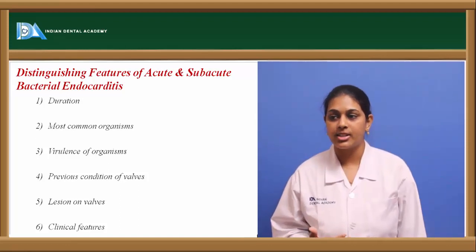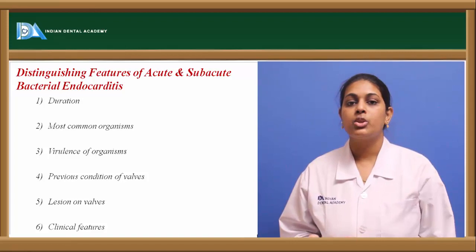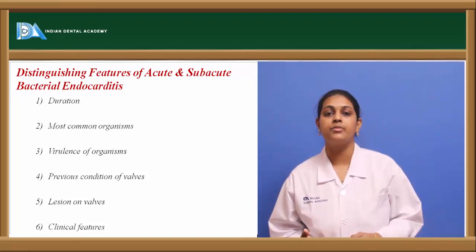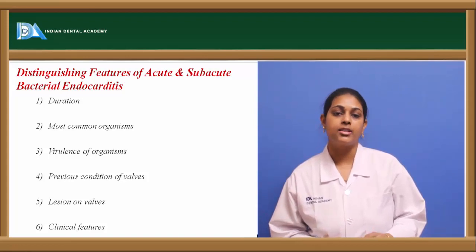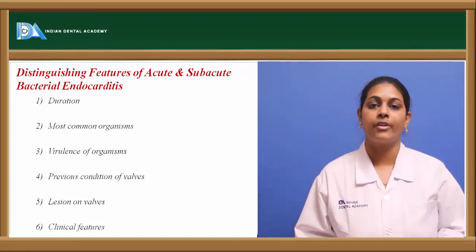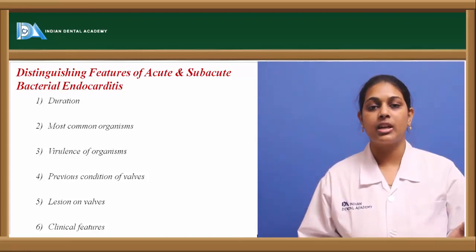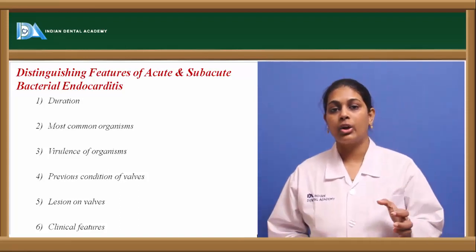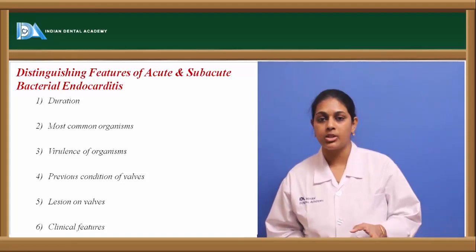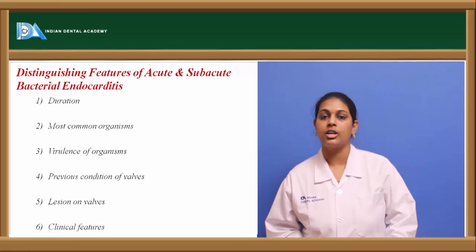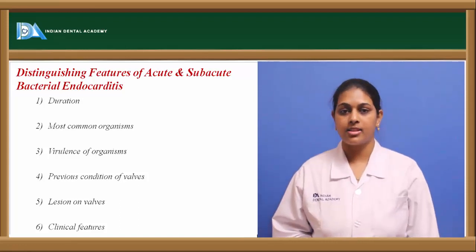Coming to the next feature, the previous condition of the valve. Based on the previous condition of the valve, these microorganisms might get adapted to such an environment which might help in their growth. So it is important to know the previous condition of the valve. Usually in acute cases of bacterial endocarditis, the patient was previously normal and has no history of any heart diseases or disorders.